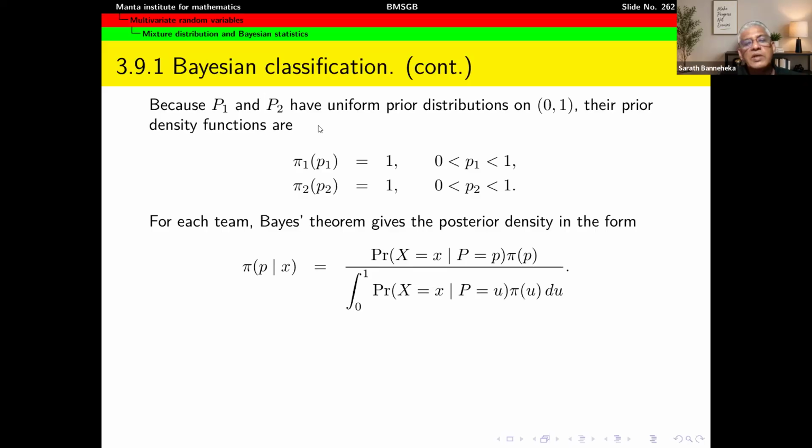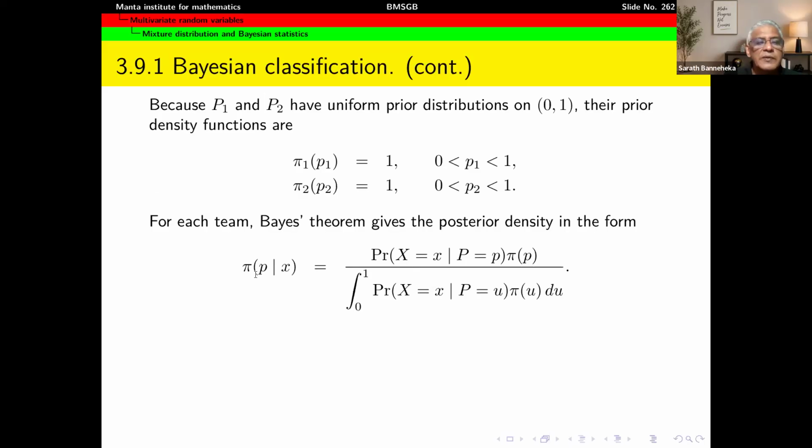For each team, then the Bayes theorem gives you the posterior. So the previous Bayes result now gives you the conditional probability, which is called the posterior density. These are the names used in the Bayesian setting.